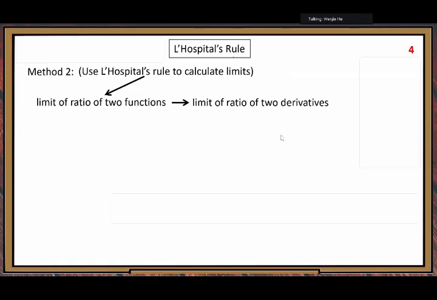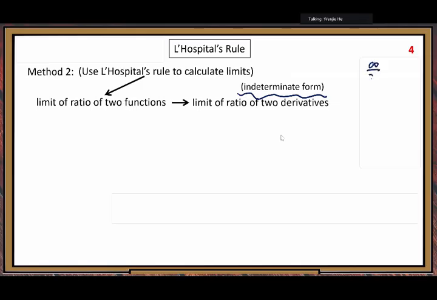But in order to apply L'Hopital's rule, there is a condition, so you need to be very careful. First, you need to look at the special condition: the ratio of the two functions must be in indeterminate form. So what's that indeterminate form?